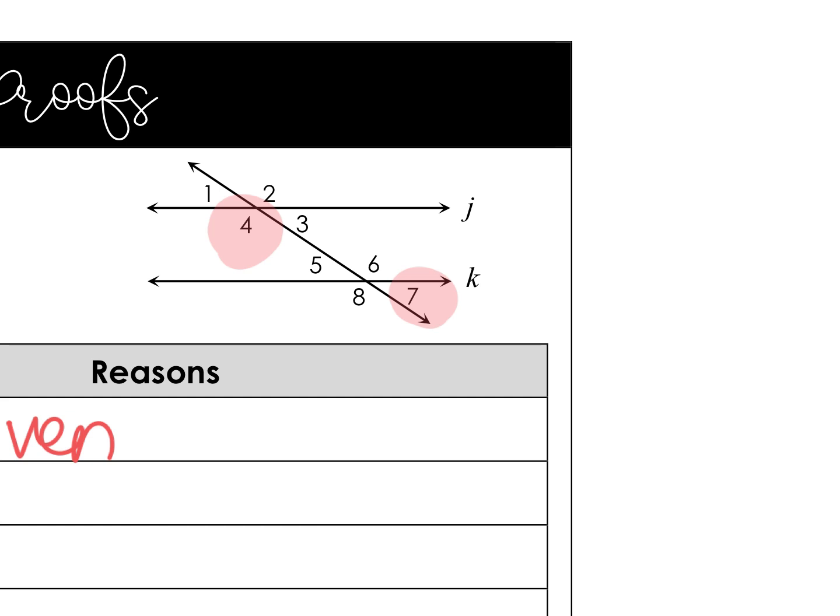But do 4 and 7 have a relationship? No, they do not. Okay, let's try to find a letter that has a relationship with 7.